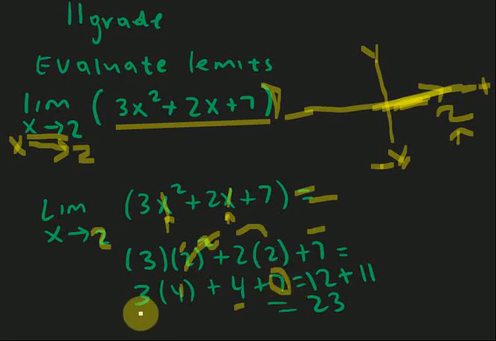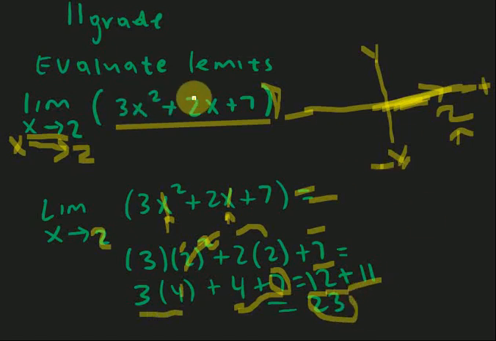So what are we going to have? 3 times 4 equal to 12, and then 4 plus 7 equal to 11. 12 plus 11 equal to 23.